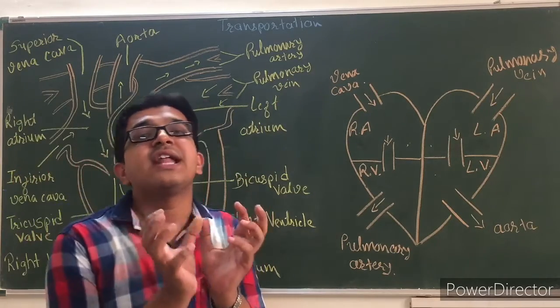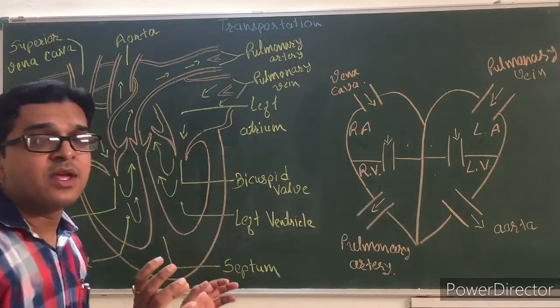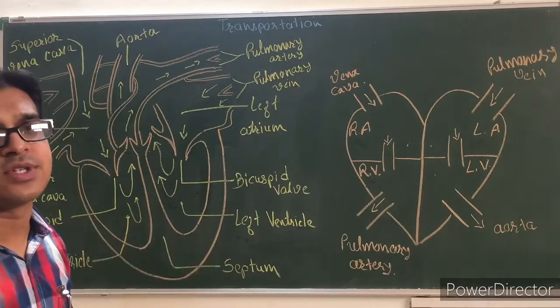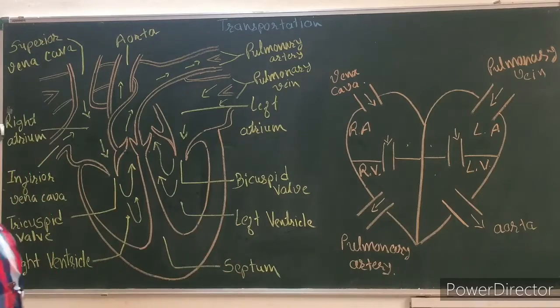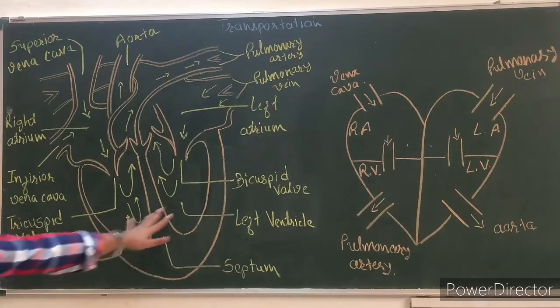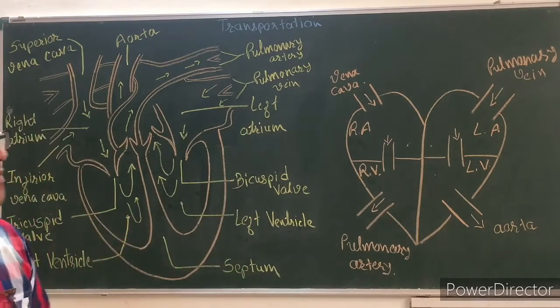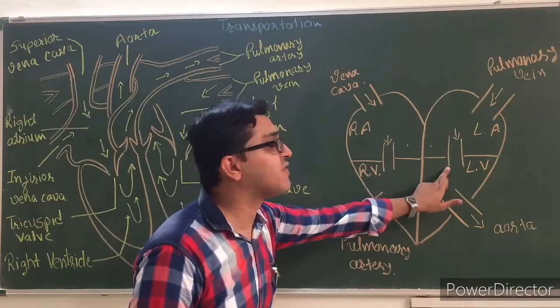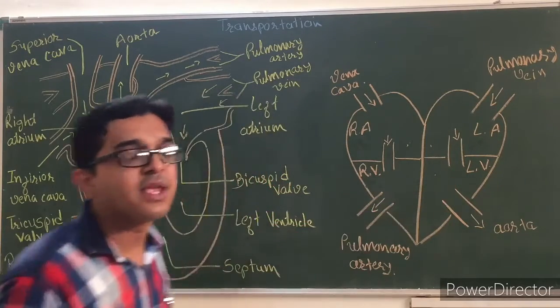Now, a contraction process occurs. Due to the contraction process, the tricuspid valve and bicuspid valve open. Here, this one is the tricuspid and this one is the bicuspid valve.